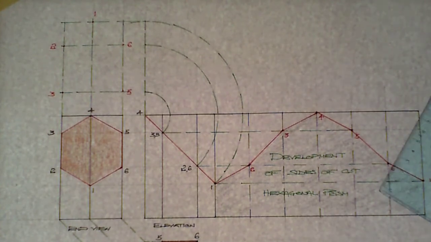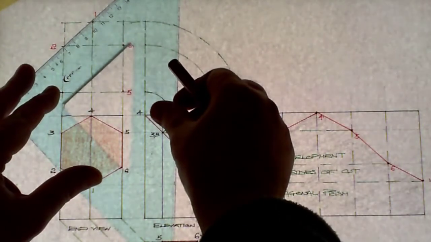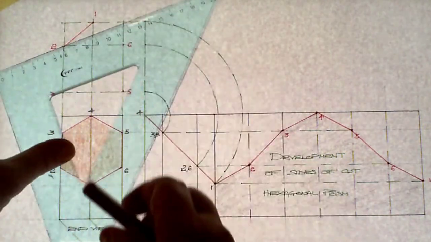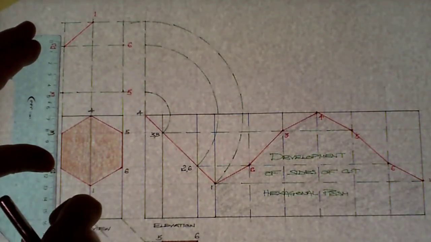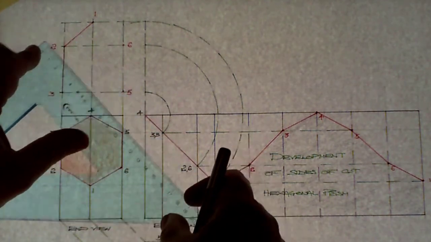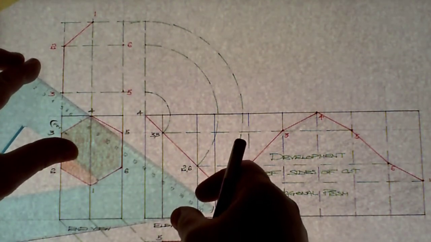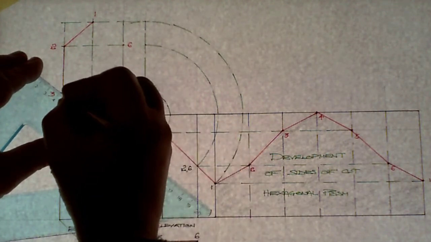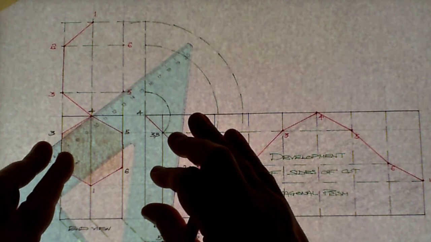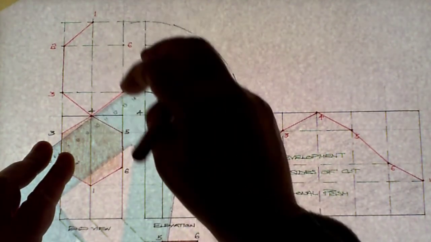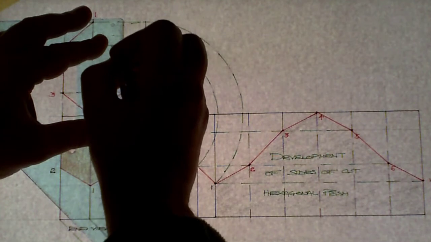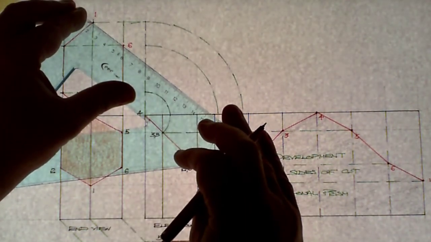So if I simply connect those points again, so 1 to 2, 2 to 3, 3 to 4, 4 to 5, 5 to 6, and then 6 back to 1.